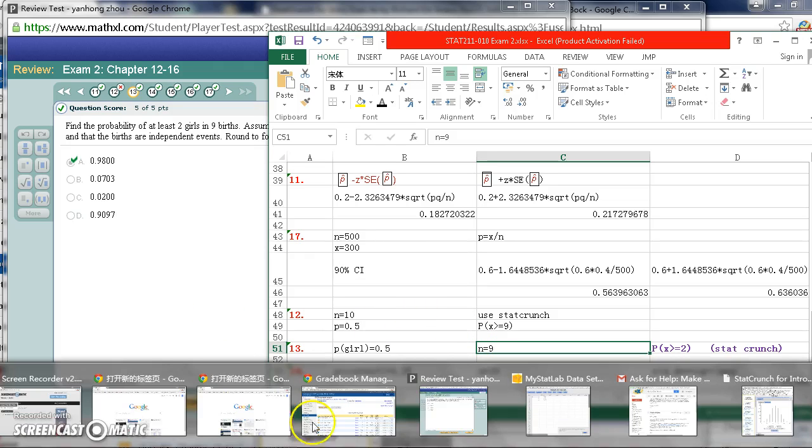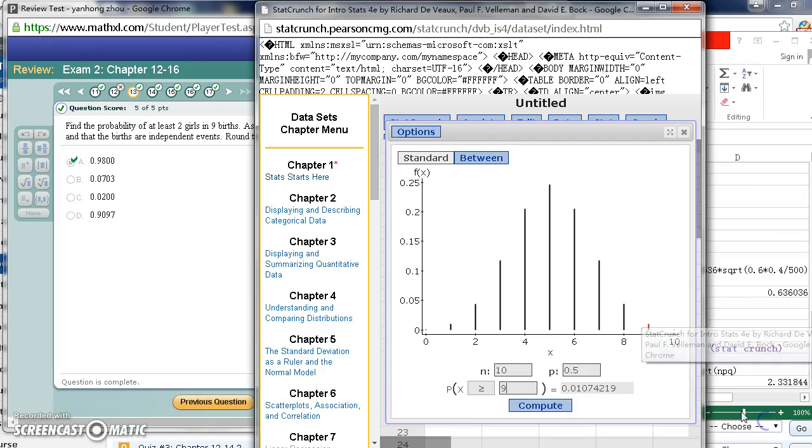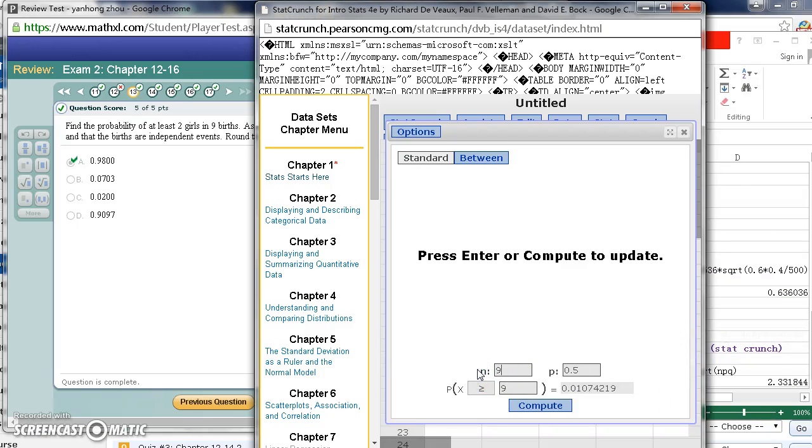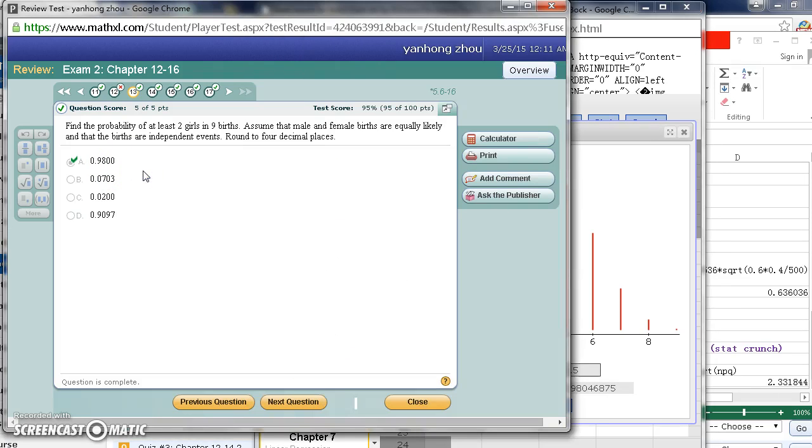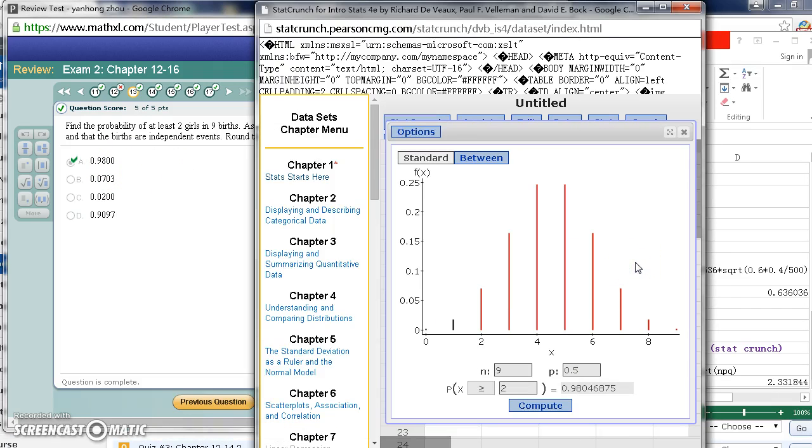So I think we still have the binomial open, right? So you put the 9, 0.5, 2 here. So you get 0.9804, 9800. It should be 9805, right? But I get 0 here. I don't know why it goes that way.